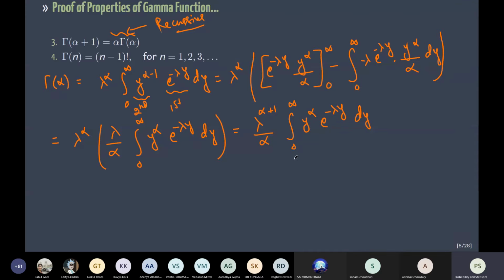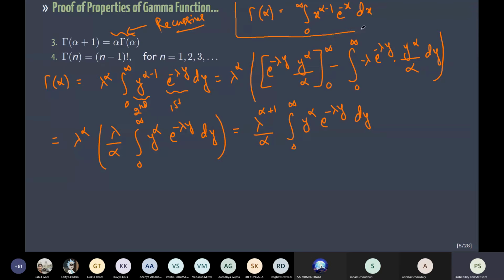How do we recognize this term? Let us write down the gamma alpha. What was actually the gamma alpha? The integral from 0 to infinity of x to the alpha minus 1 e to the minus x dx.